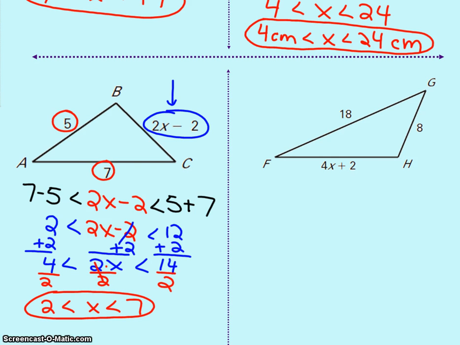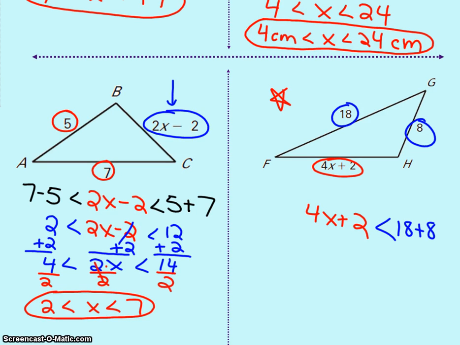Okay, so let's try it on the triangle on the right here. Once again, I'm going to sandwich 4x plus 2 in between the sum of 18 and 8 and the difference of 18 and 8. 18 minus 8 is 10. 18 plus 8 is 26. 4x plus 2 is going to stay right in the middle.